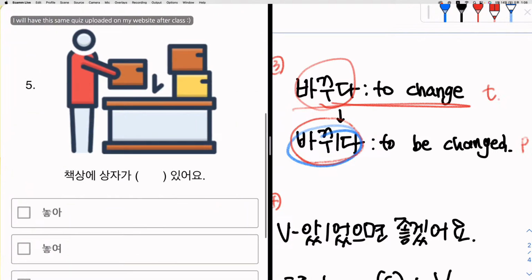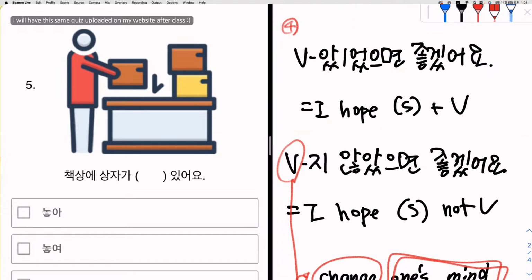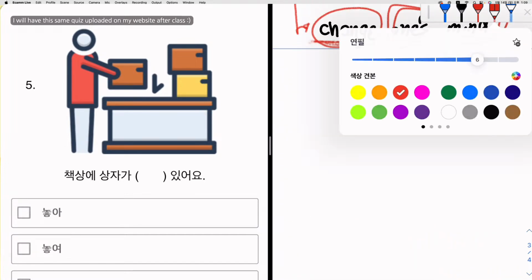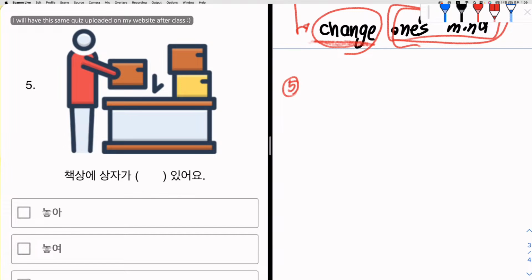좋아요. So that was it for the particle quizzes. Now let's move on to number 5. 일단은 책상에 상자가 blank 있어요. First of all, guys, do you guys remember the difference between 놓다 and 넣다? 놓다.